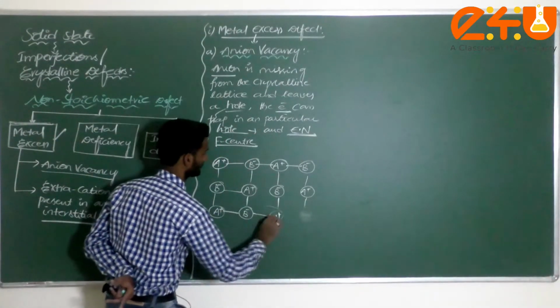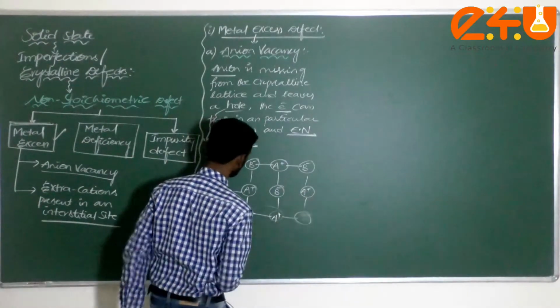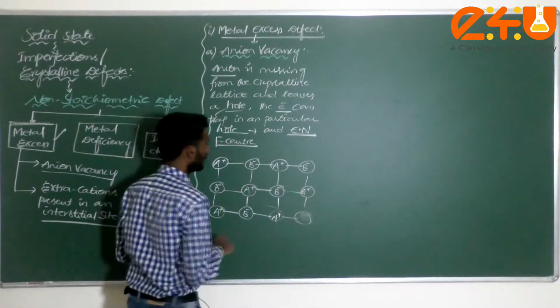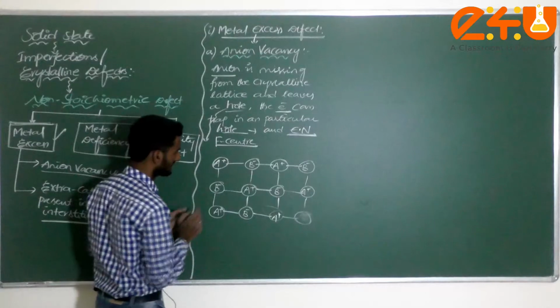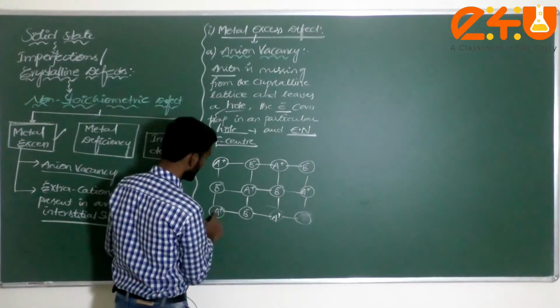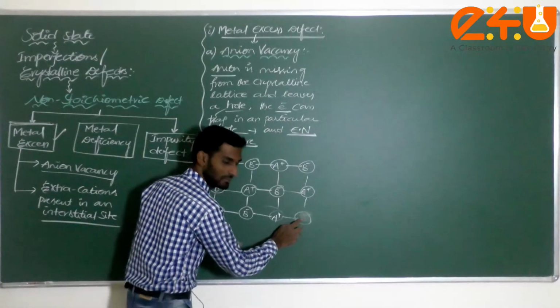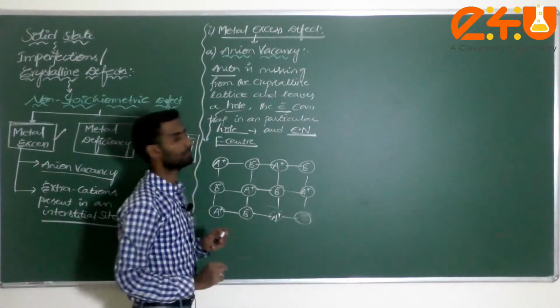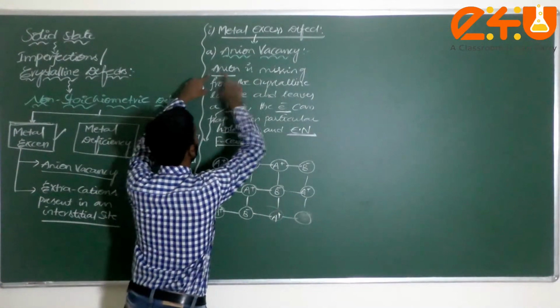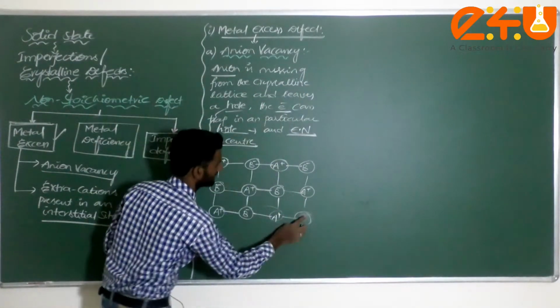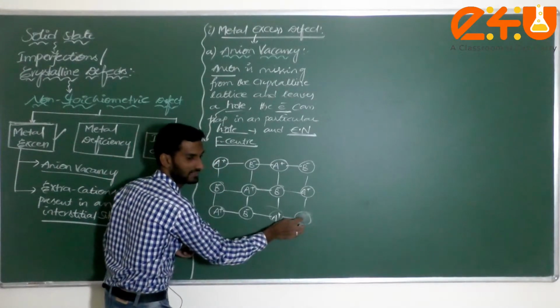Then, in the next row, A plus, and here nothing is there. Am I correct or not? In that particular lattice, what is missing here? A plus, B minus, A plus, and here there is no B minus. As I wrote, the anion is missing from the crystalline lattice.